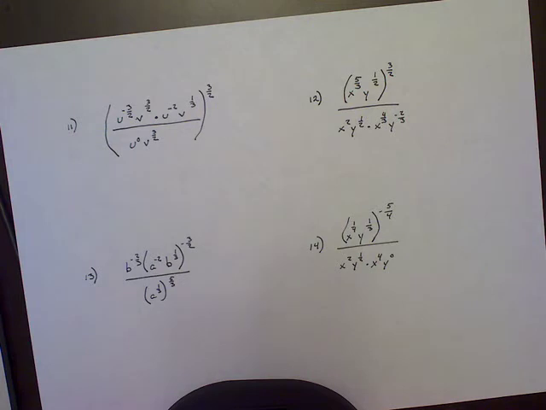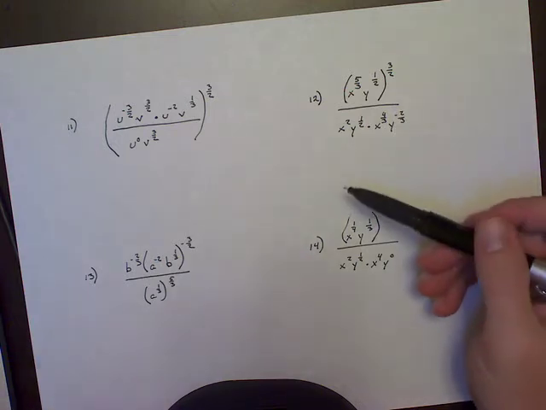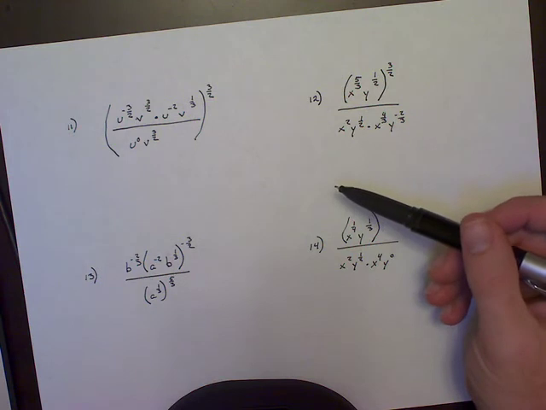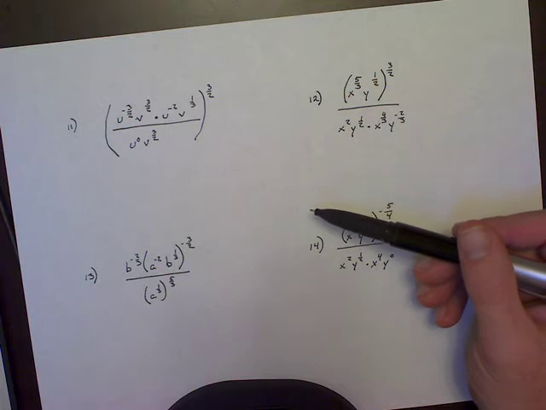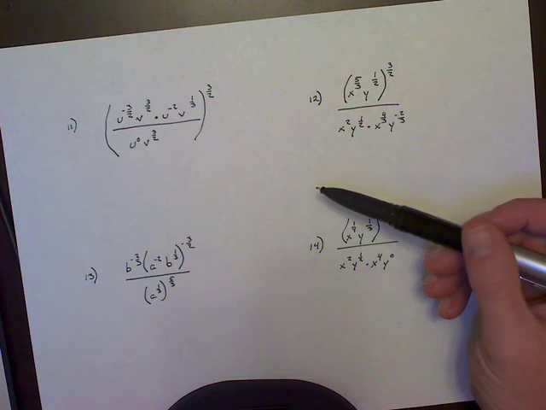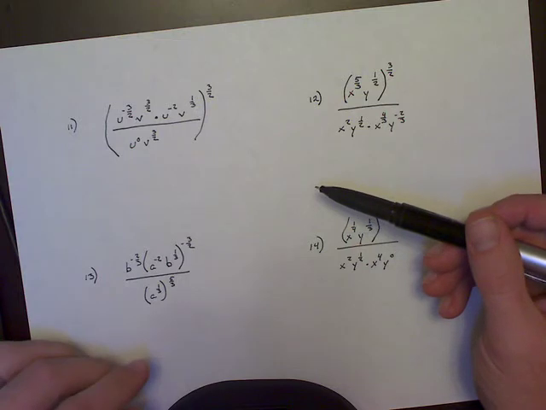Okay, so it looks like she wants you to go all the way, and she also wants your answer to contain only positive exponents with no fractional exponents in the denominator. But in looking at all her answers, they all have fractional exponents in the denominator, so I don't think that should be a problem.